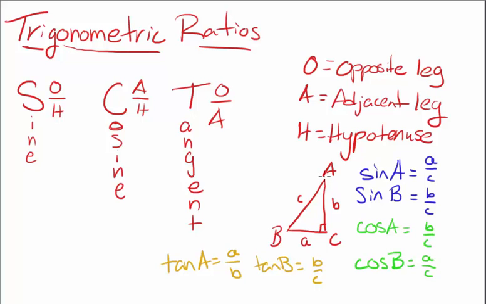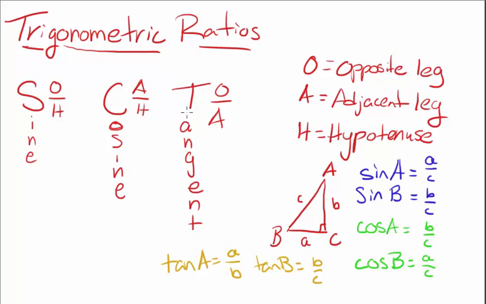That would be B. So for cosine A, we have B divided by the hypotenuse, C. Then we have cosine of B, which is equal to A divided by C. Again, for angle B, the adjacent leg is A, divided by the hypotenuse, C.